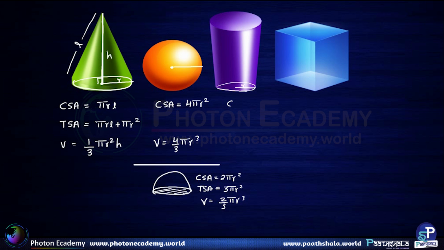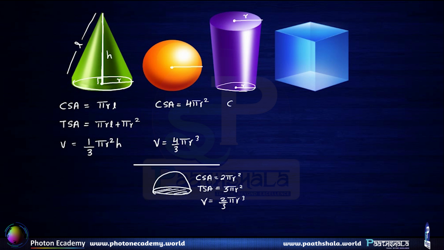For a cylinder, the curved surface area, so this is the cylinder with base radius as r. So this is drawn in perspective view, that's why the base is looking to be thinner than the upper surface. Actually both of them have the same area. So curved surface area for the cylinder is nothing but 2 pi r into h, where h is the height of the cylinder.